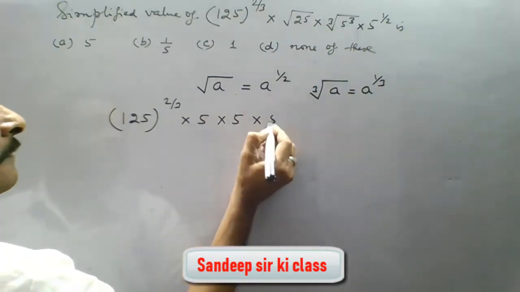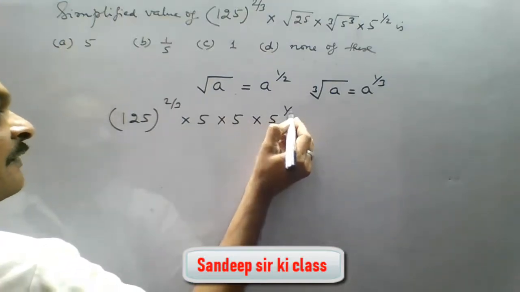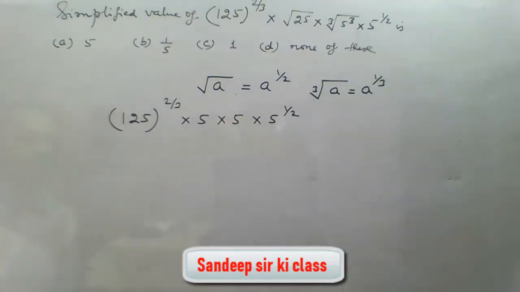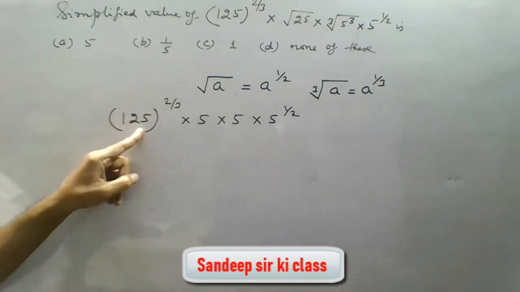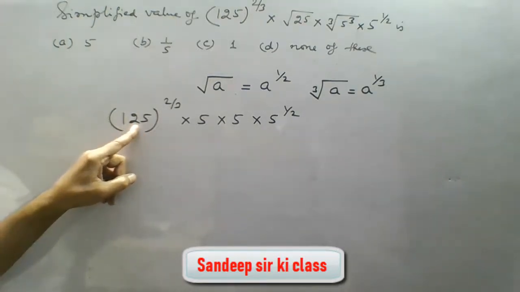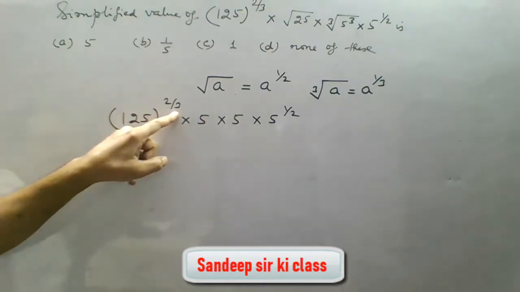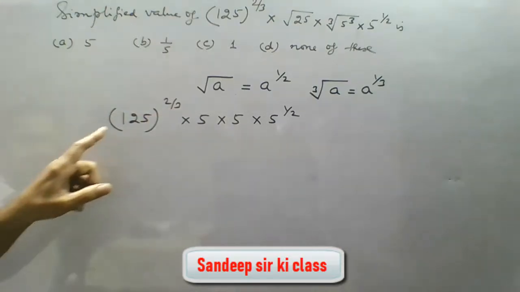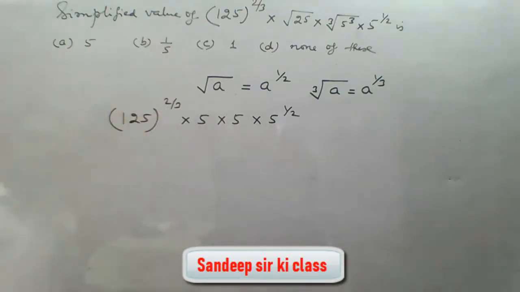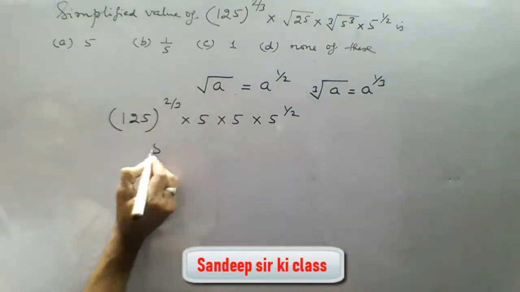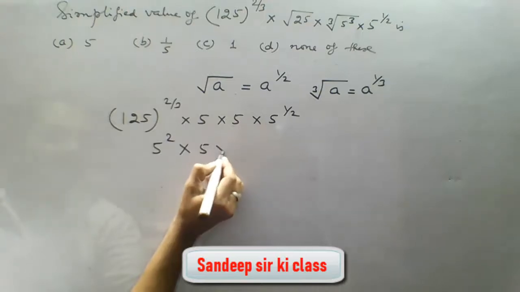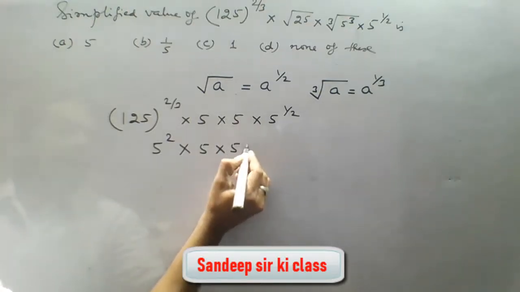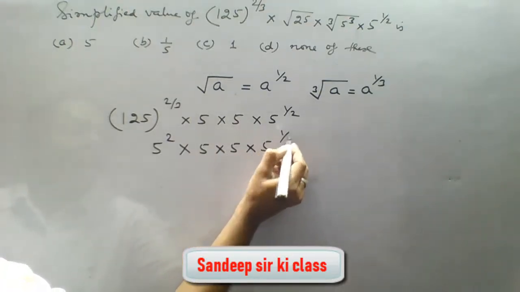And fourth term we write as it is, which is 5 to the power 1 upon 2. Now 125 is 5 to the power 3 and that power 3 cancels this 3. So we get 5 to the power 2 as first term. Second term is 5 to the power 1 which is 5. Third is 5 and fourth is 5 to the power 1 upon 2.